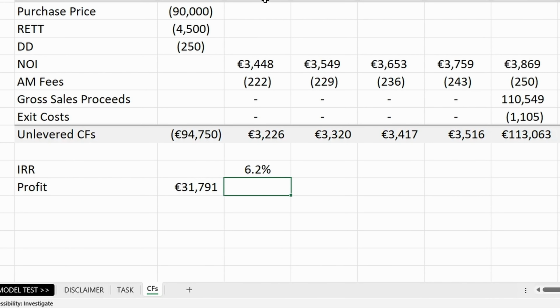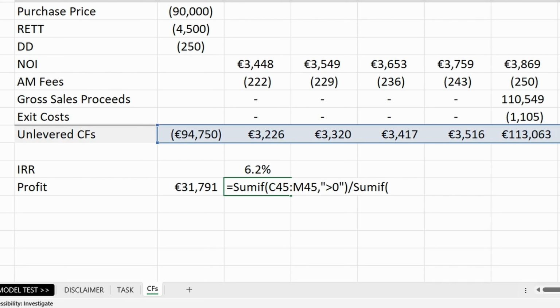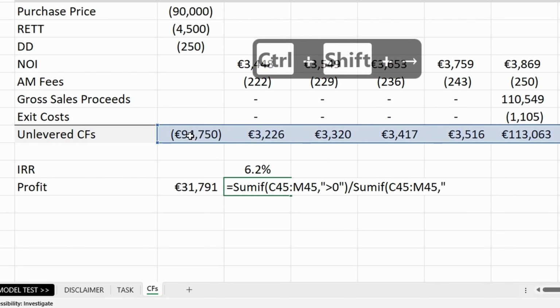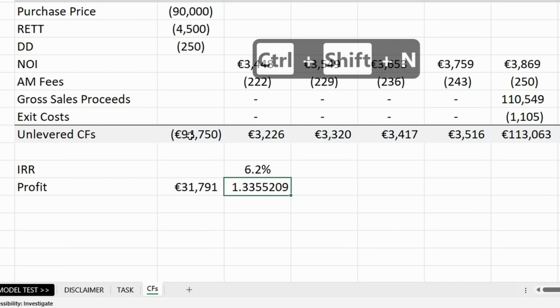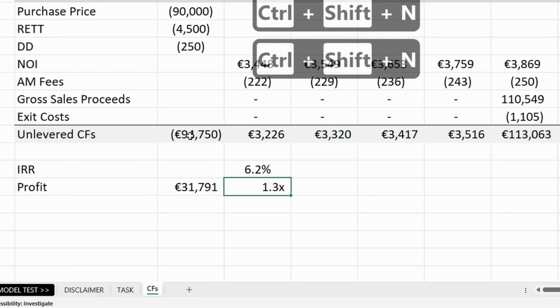I don't know why I used the XIRR. So we do the sum of the positive cash flows over the sum of the negative cash flows, multiplied by -1.